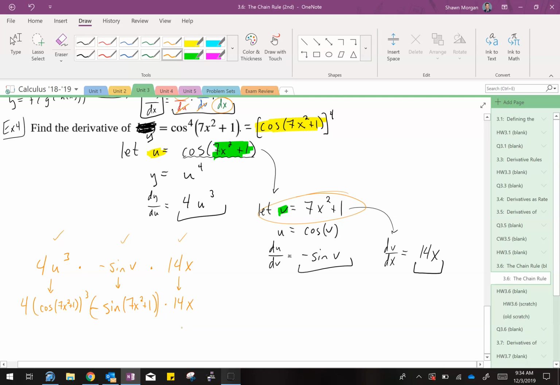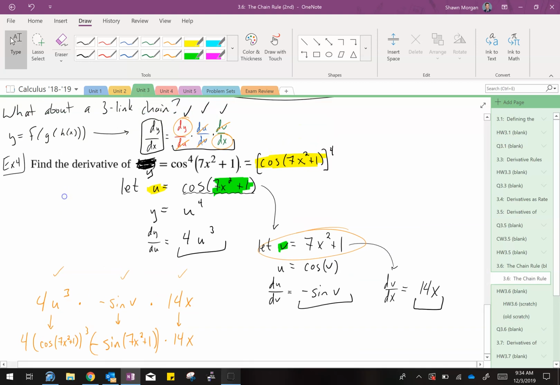Aaron, I get where you were getting the 4u cubed at the top. And then when you start substituting, you substitute the original function back in for the variable that you let it be. Absolutely, yes. That's the back substitution. So what we're doing down here in orange is the back substitution. We're saying, hey, I can't leave this u in my answer.